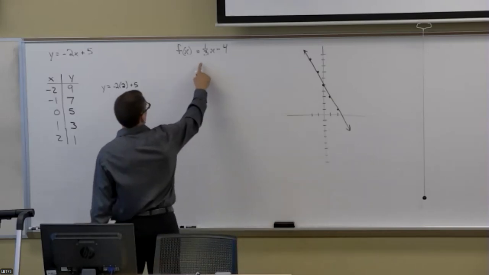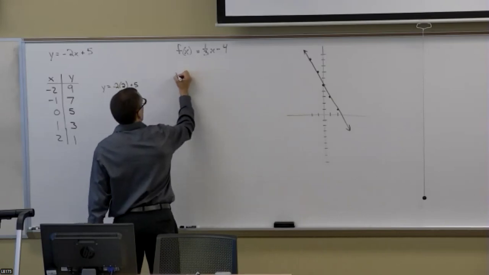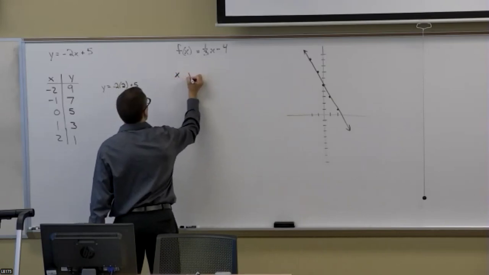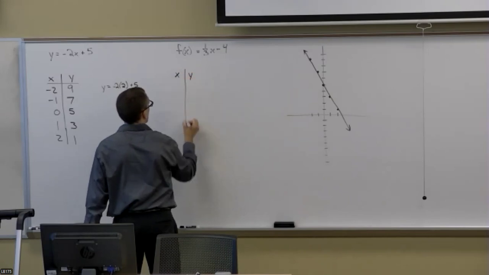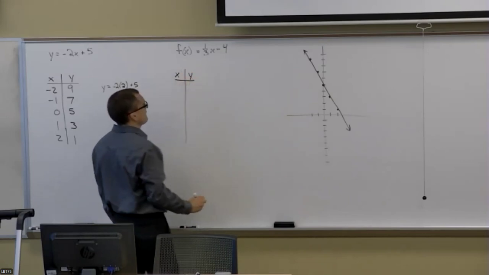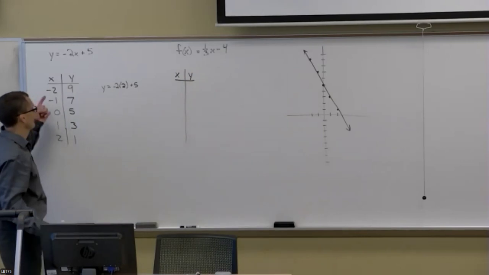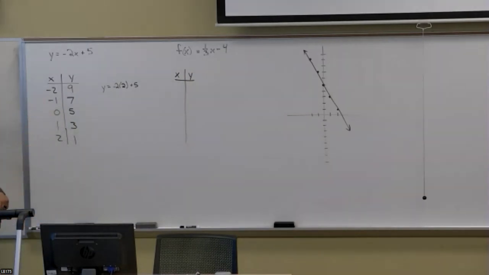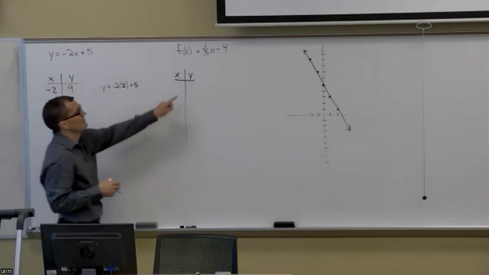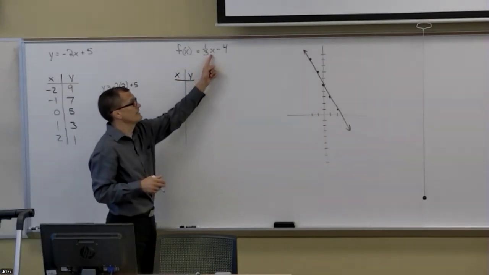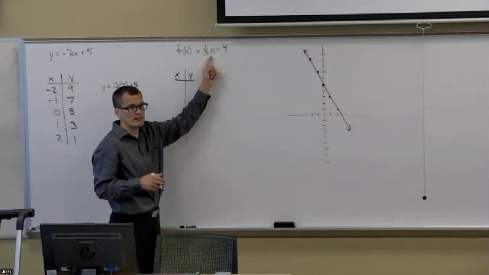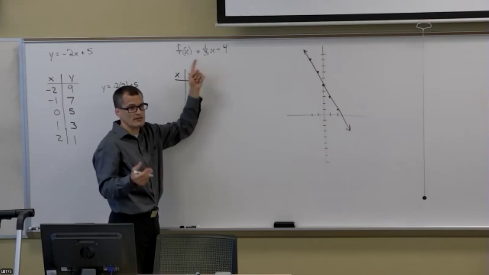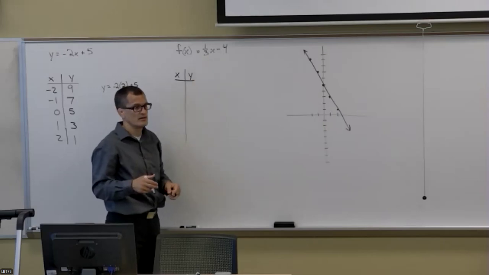We can do the same thing for this. Oftentimes when I have a fraction in front, instead of plugging in like -2, -1, 0, when I plug in numbers in for my x in this case, because I have a 3 in the denominator, I tend to use multiples of 3 when I plug in numbers for x. That way it gets rid of the denominator. Okay.